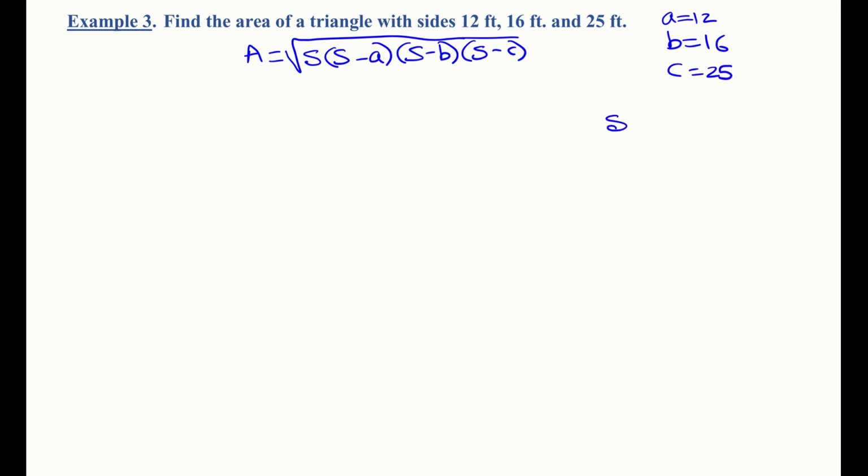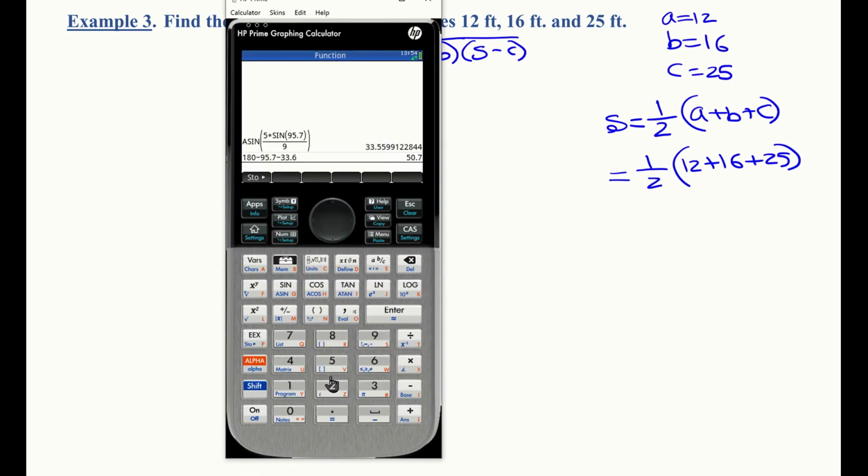So we can go ahead and calculate s, which is going to be the semi-perimeter, so 1/2 of a plus b plus c. So it's going to be 1/2 of 12 plus 16 plus 25. So 0.5 times 12 plus 16 plus 25, 26.5.